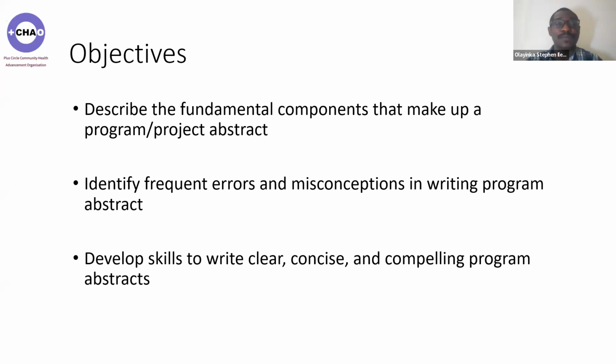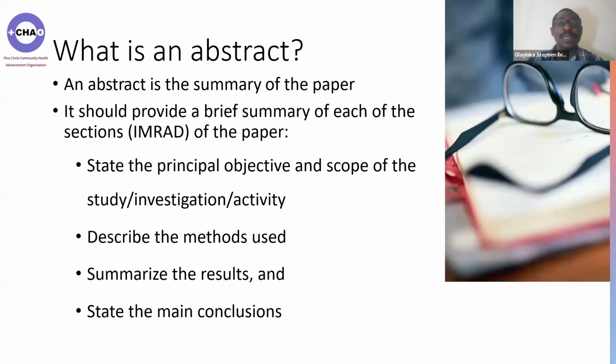So we'll be talking about the fundamental components that make up a program or project abstract. We'll also be looking at frequent errors and misconceptions in writing program abstracts. And we are going to learn how to write clear, concise, and compelling program abstracts. Now, it's the same whether it's a research abstract or an abstract that is based on programs or projects.